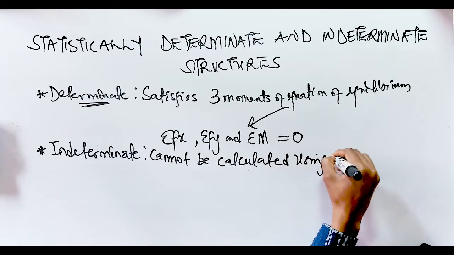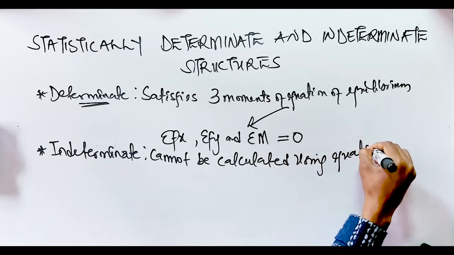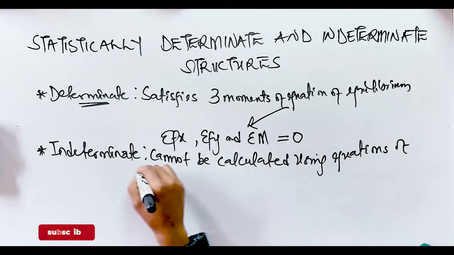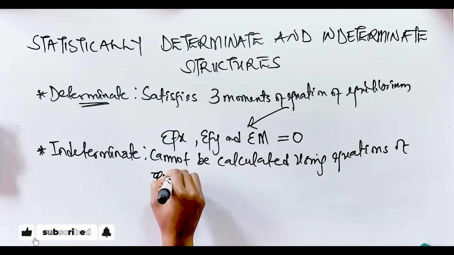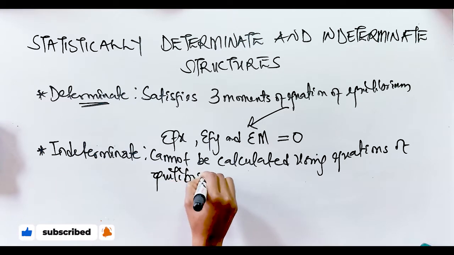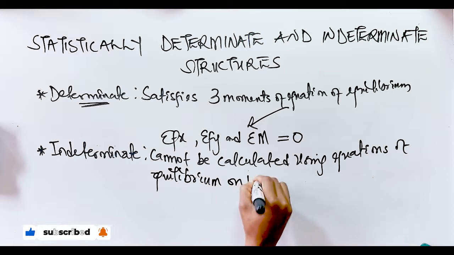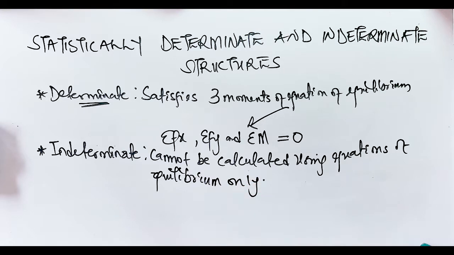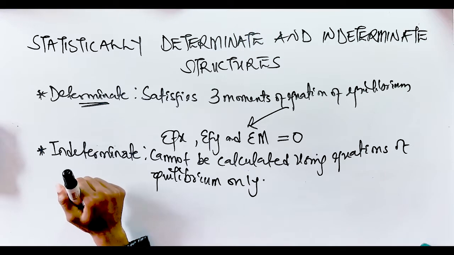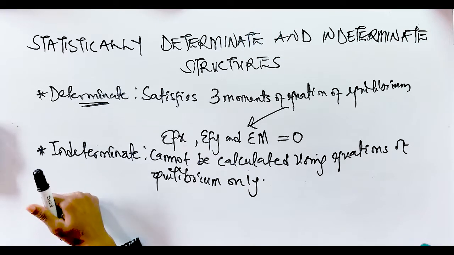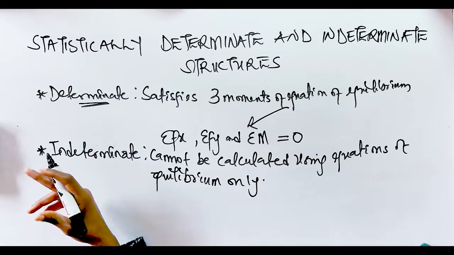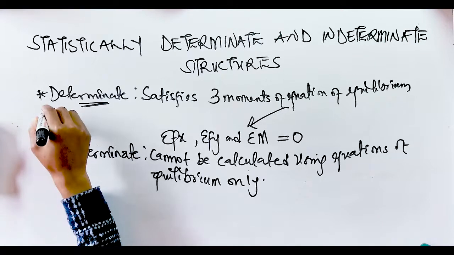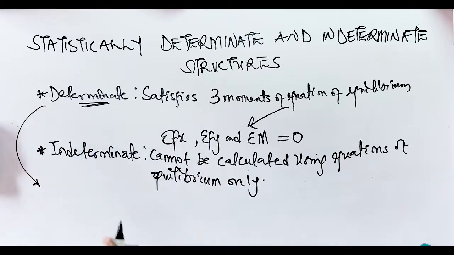Also, if the number of unknowns exceeds the equations of equilibrium, then the structure is statically indeterminate. But if the number of unknowns does not exceed the equations of equilibrium, then the structure is said to be statically determinate. I'm going to give you a few examples of statically determinate and statically indeterminate structures.